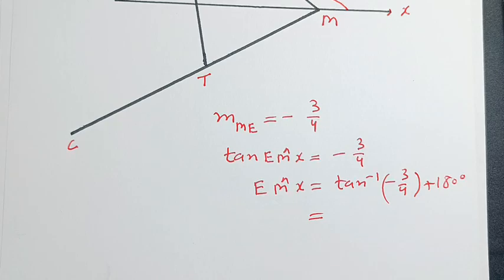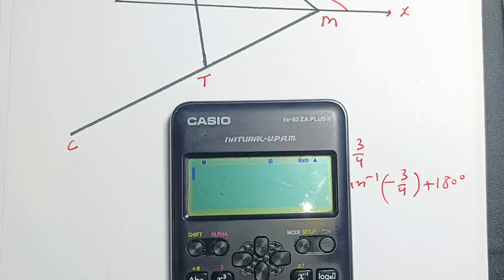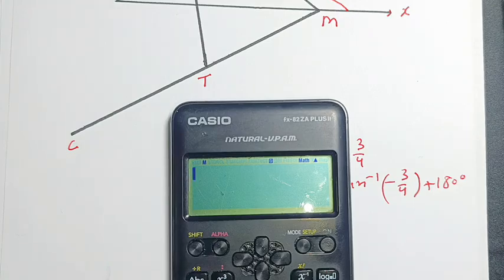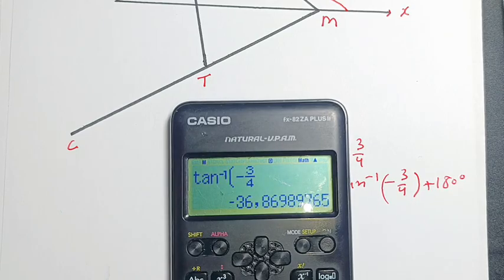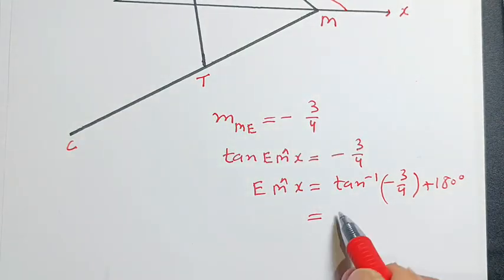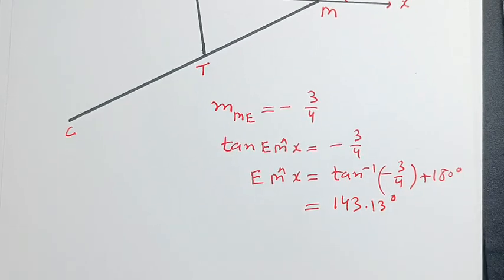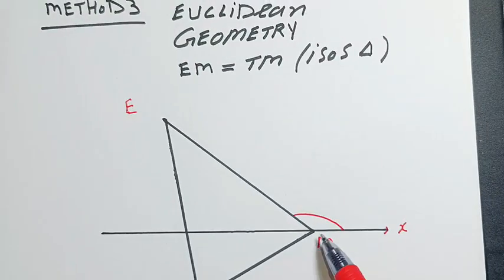Shift tan -3/4 plus 180 is going to be 143,13 degrees. Now let's remember, this is here now.